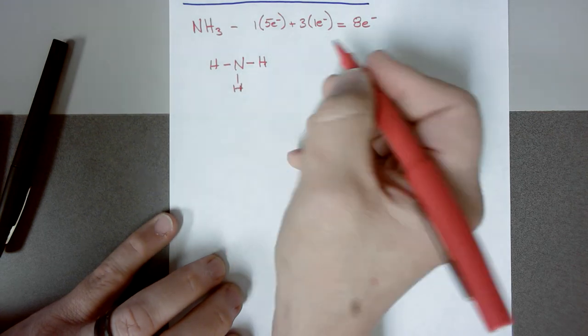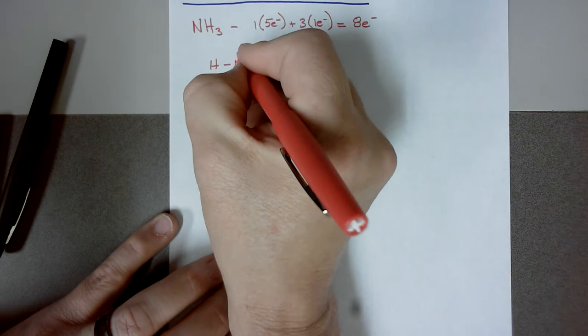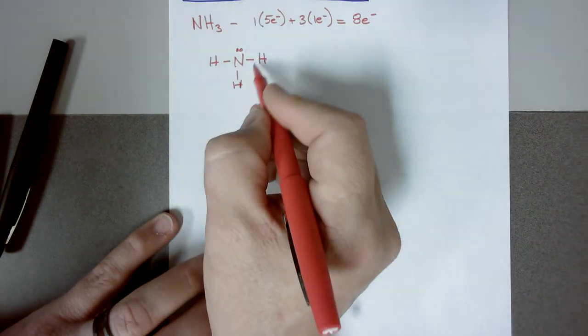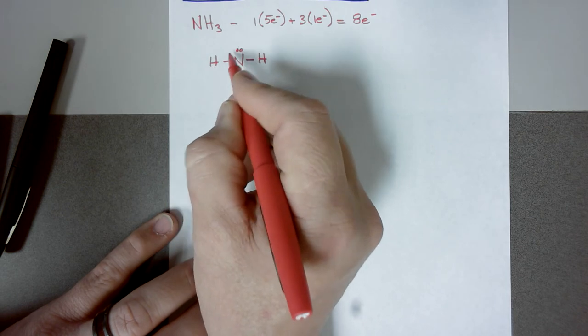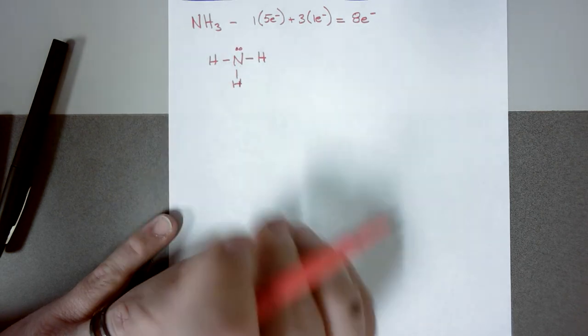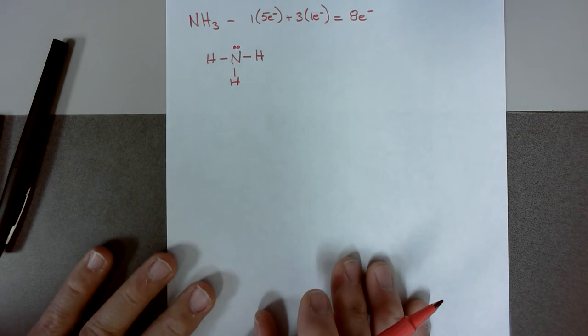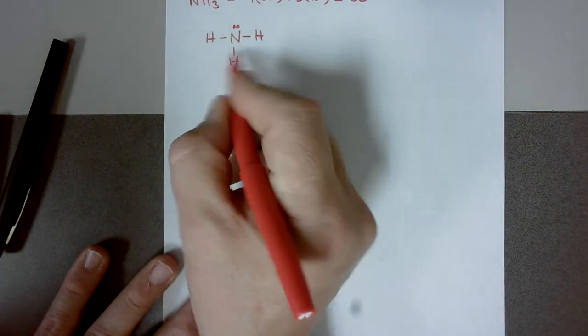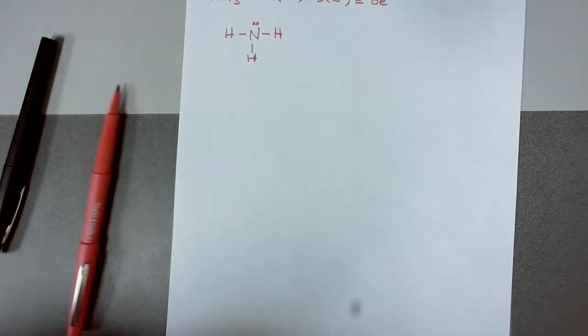So the extra electrons are going to go on the nitrogen, one lone pair. I check my octet. Of course, hydrogen only needs 2 and nitrogen needs 8. So we have the octet for the nitrogen, and this is a valid formula for ammonia.